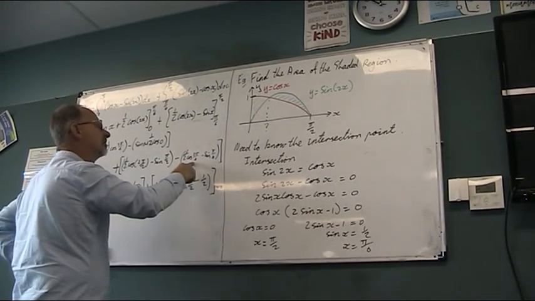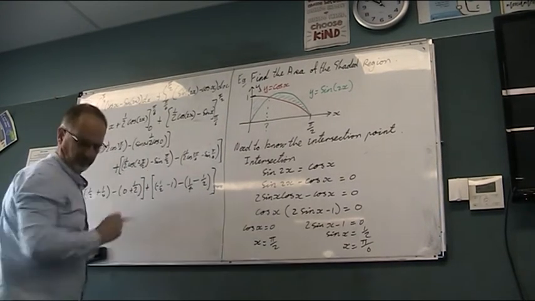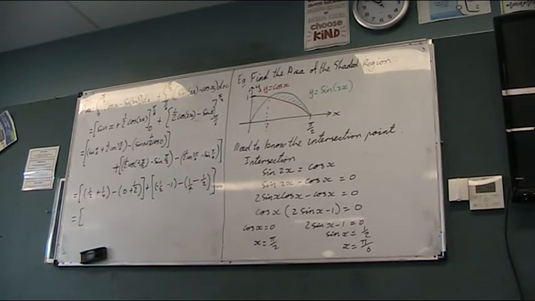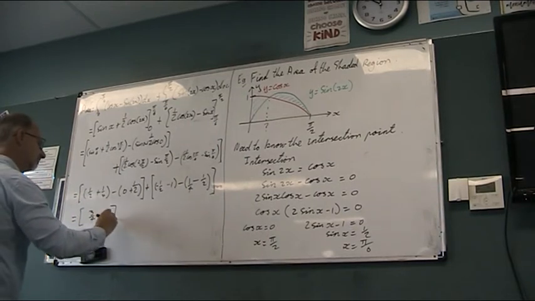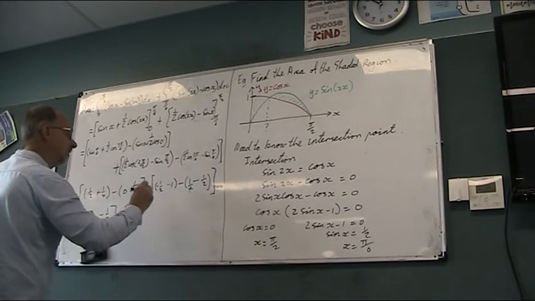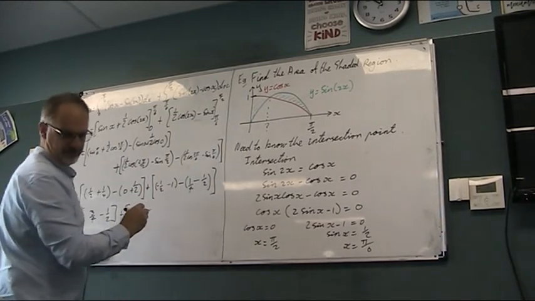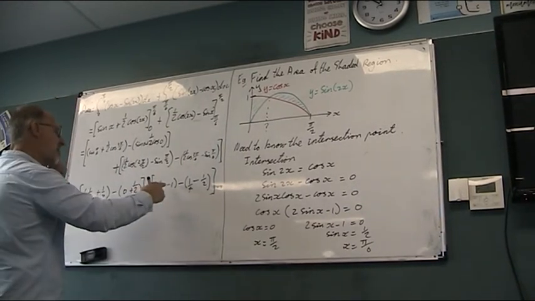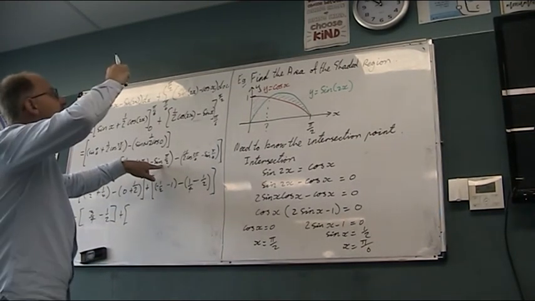Because pi on 6, pi on 3, that's the quarter there. Right, so 3 quarters minus a half plus. Sine of pi on 2 is 1.